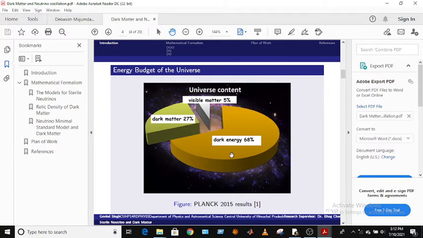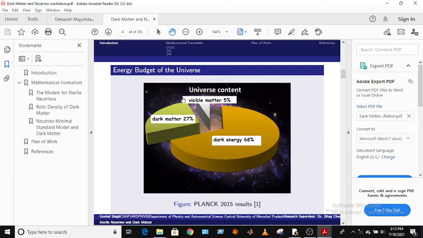According to these results, 60% of the energy of the universe consists of dark energy, and we do not have any clue about this component. 27% is dark matter, about which we are talking, and 5% is visible matter.